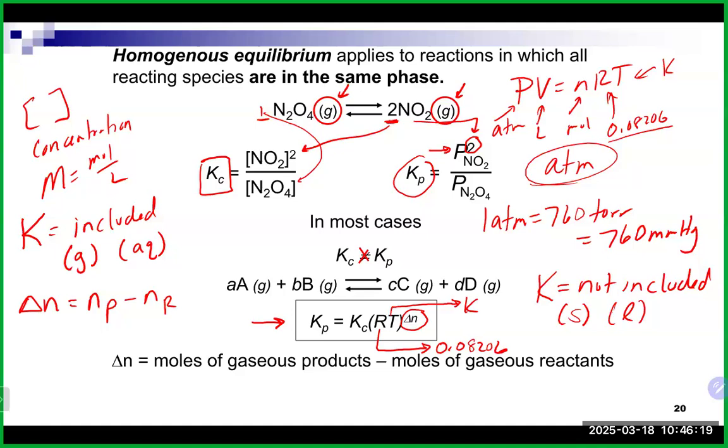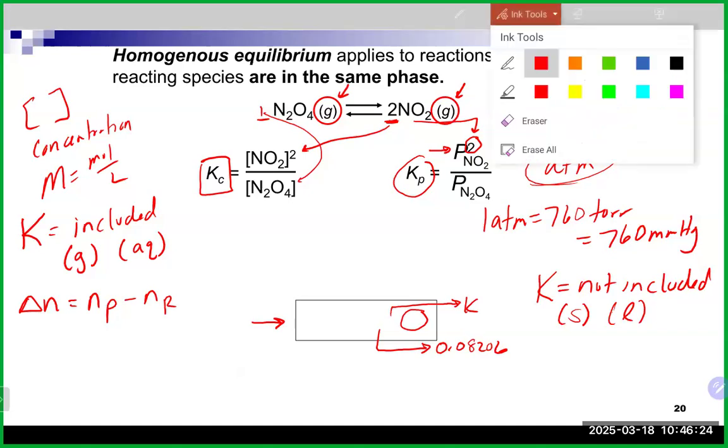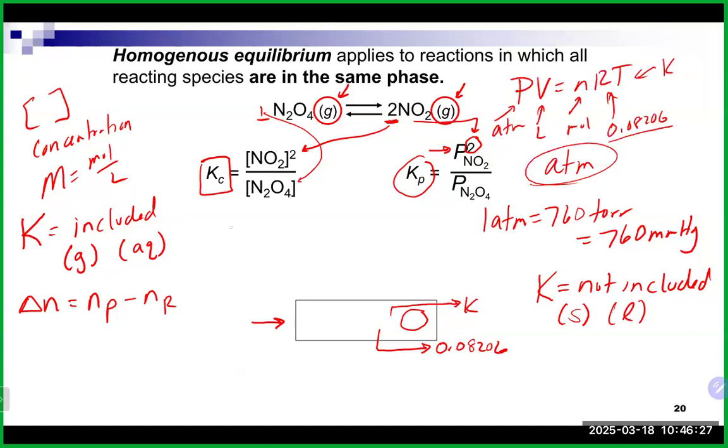So for example, if I had, say, this equation here, a reaction, and I wanted to calculate my delta N in this case, my delta N is products, which is 1 gas molecule, minus my reactants, which is 2 and 1 is 3.